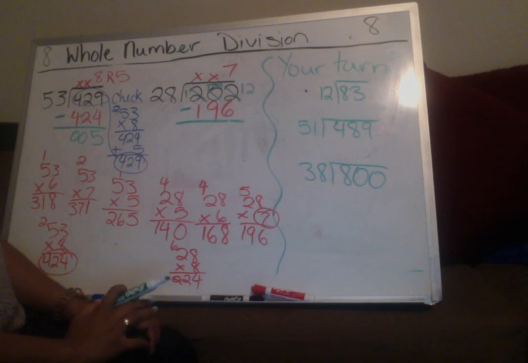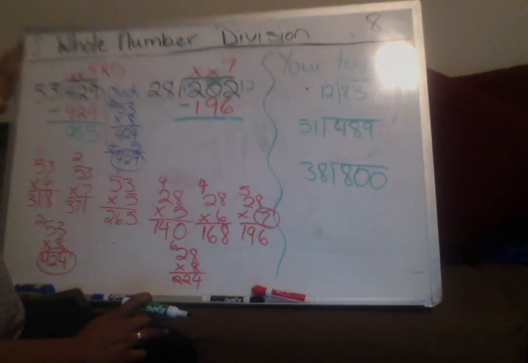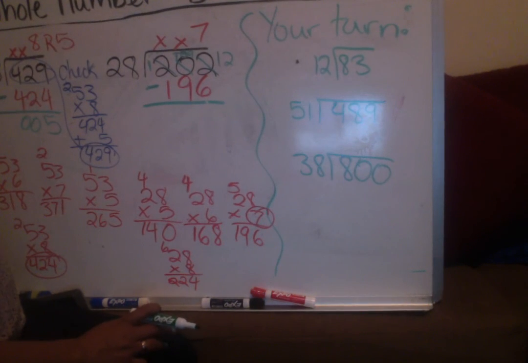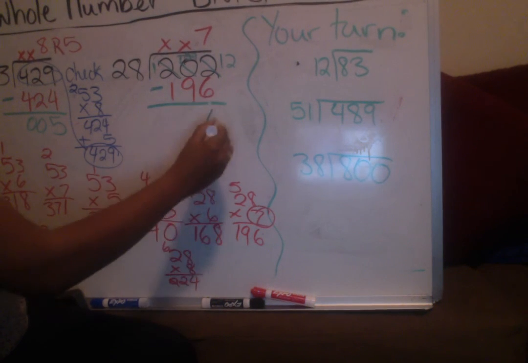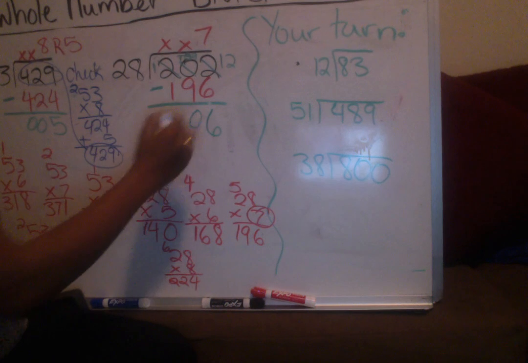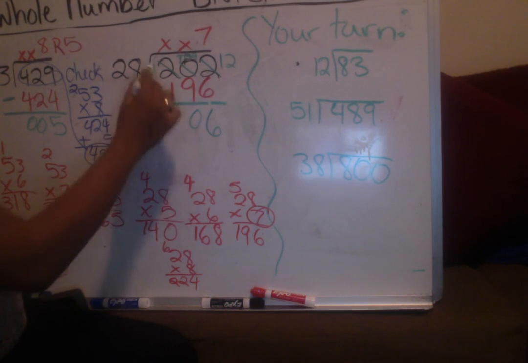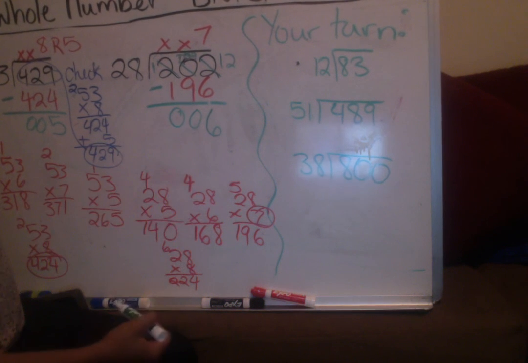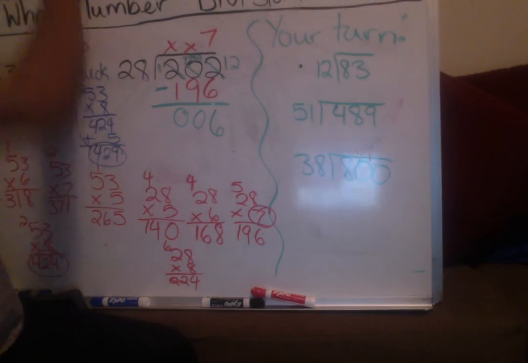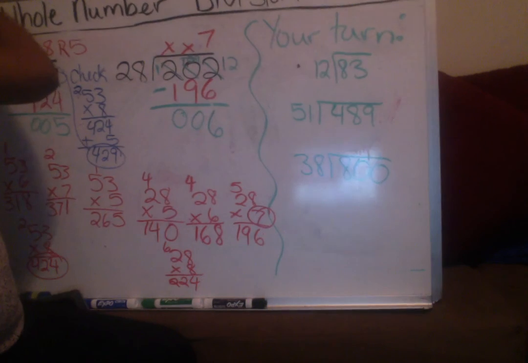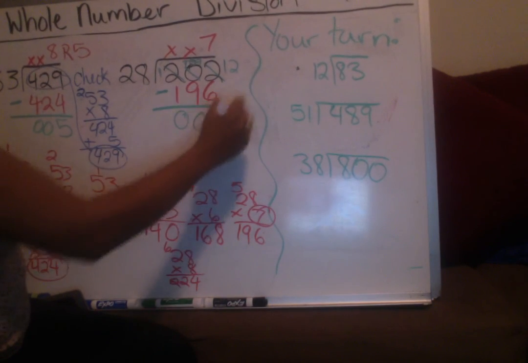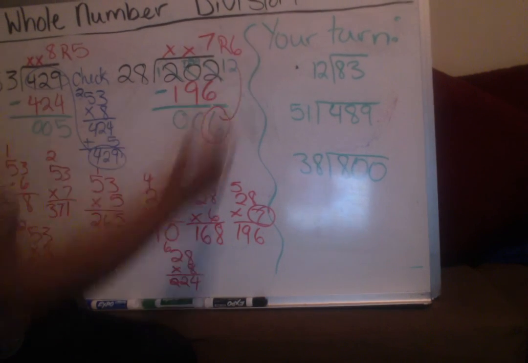So I am now a 9. 12 minus 6 is 6. 9 minus 9 is 0. 1 minus 1, excuse me, is 0. So I have 7. Let me change the colors. Remainder of 6.